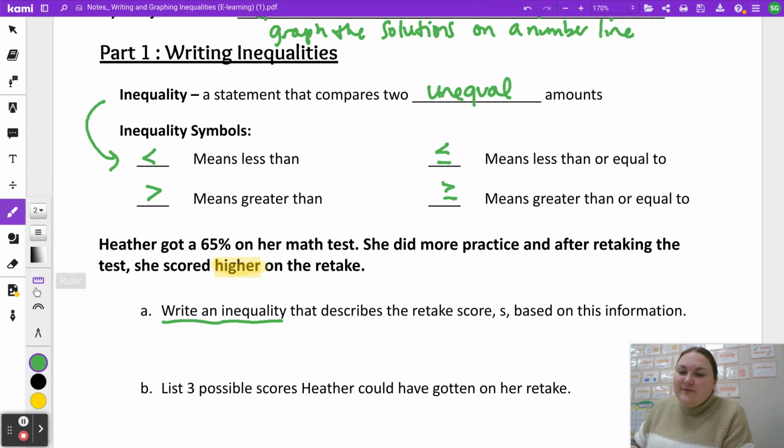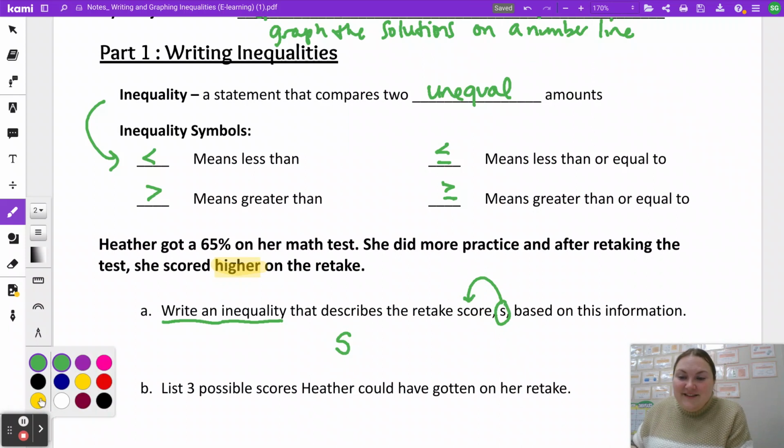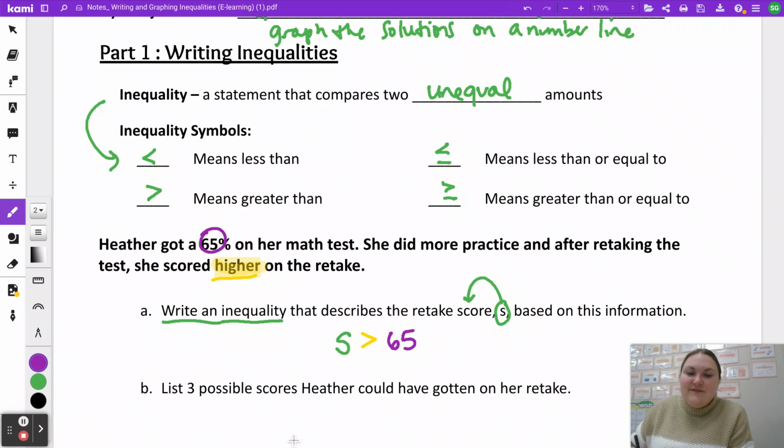So when I go to write my inequality for part A, I'm describing the retake score, which we're using the variable S to name our score. I'm going to say her retake score is higher, and that I'm getting higher means greater than. Her retake score is greater than her original score, which is 65. I'm combining those three things to get this inequality here.